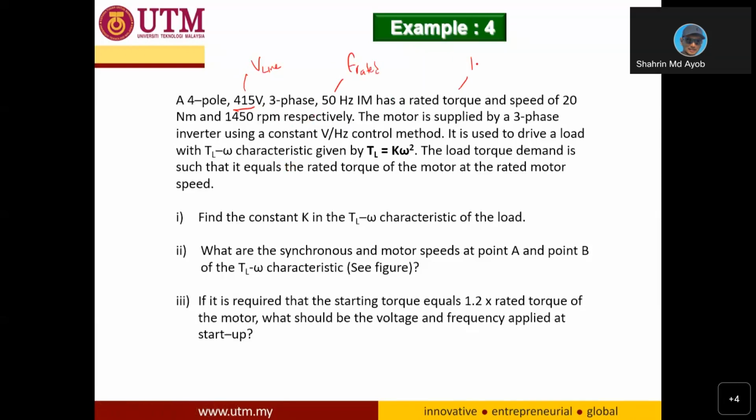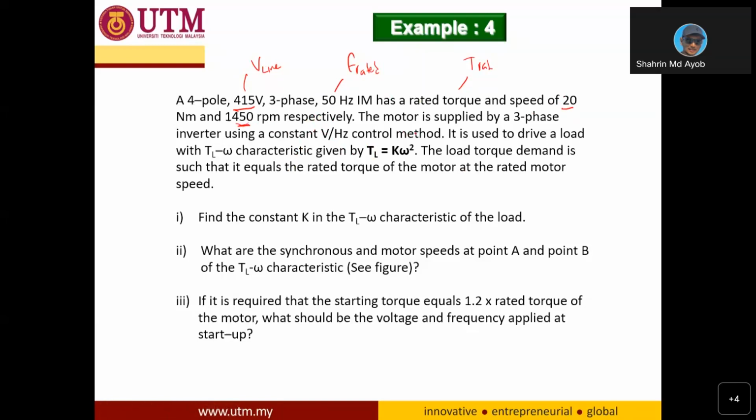Okay, all are actually rated. Has a rated torque, dia kata pun ada T rated. The rated torque is 20, and the rated speed is 1450 RPM. The motor is supplied by a 3-phase inverter using a VVVF and then constant voltage per frequency method.